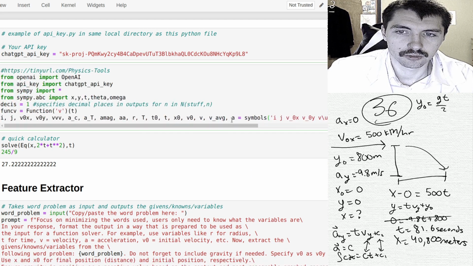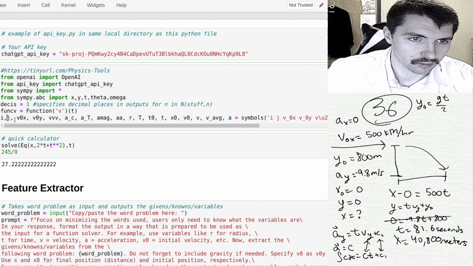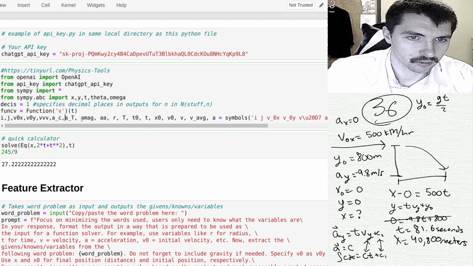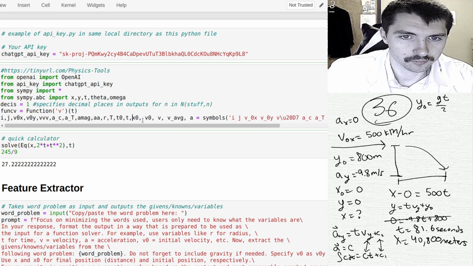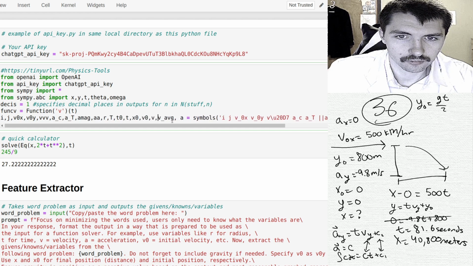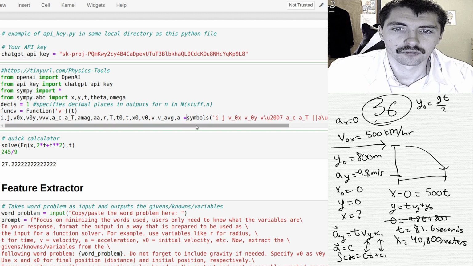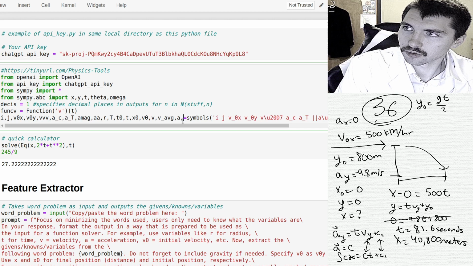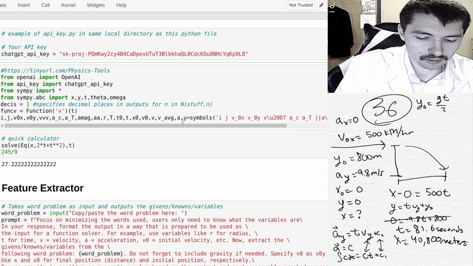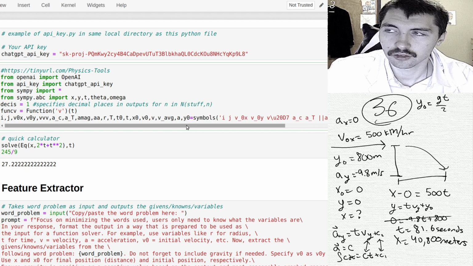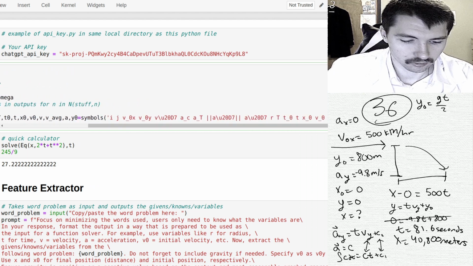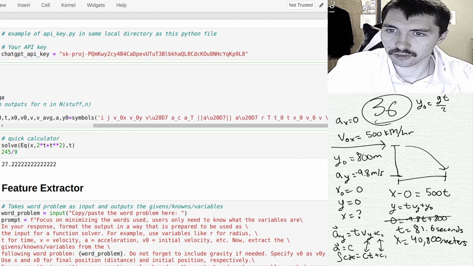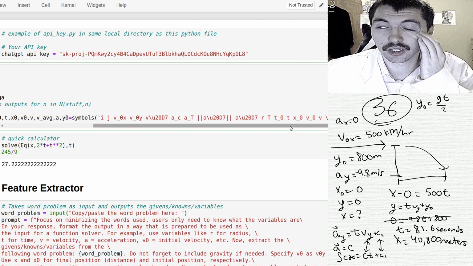Okay, so we want a new symbol. It's going to be B. It's going to be Y naught, and that's going to be Y naught.